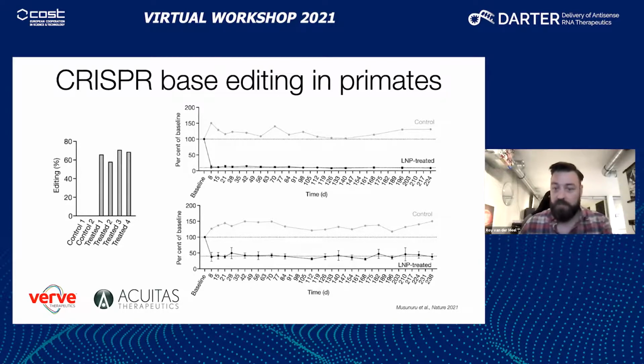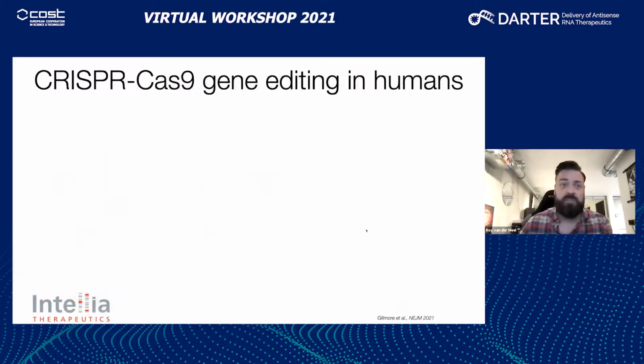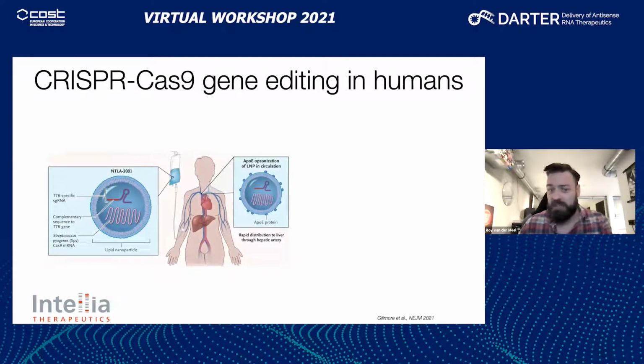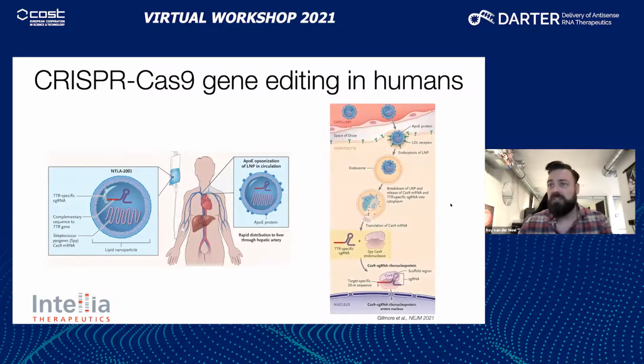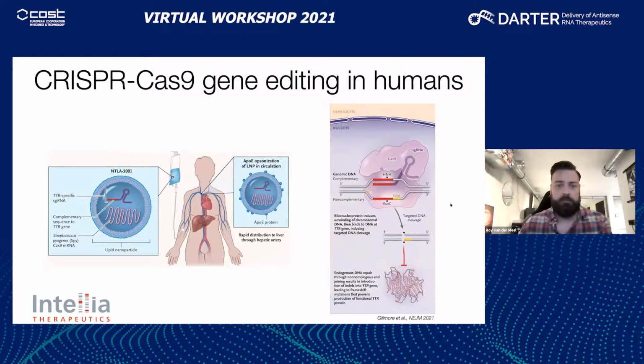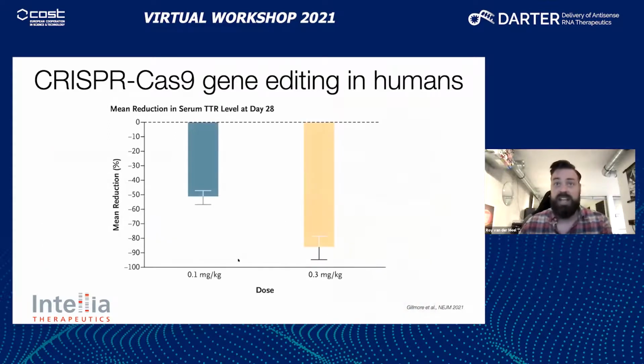So that's really impressive. And just a few weeks ago, the results from Intellia Therapeutics, where they showed TTR, so the same gene as Onpattro is targeting with siRNA, they show that with a single administration, and I won't go through the details here, but what you can see is that their treatment actually led to a really, so these I think are 3 patients, so in total 6.